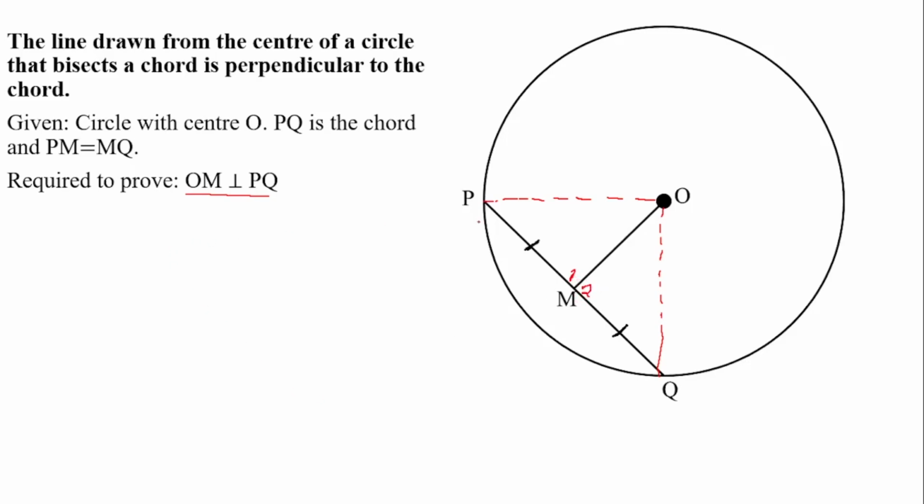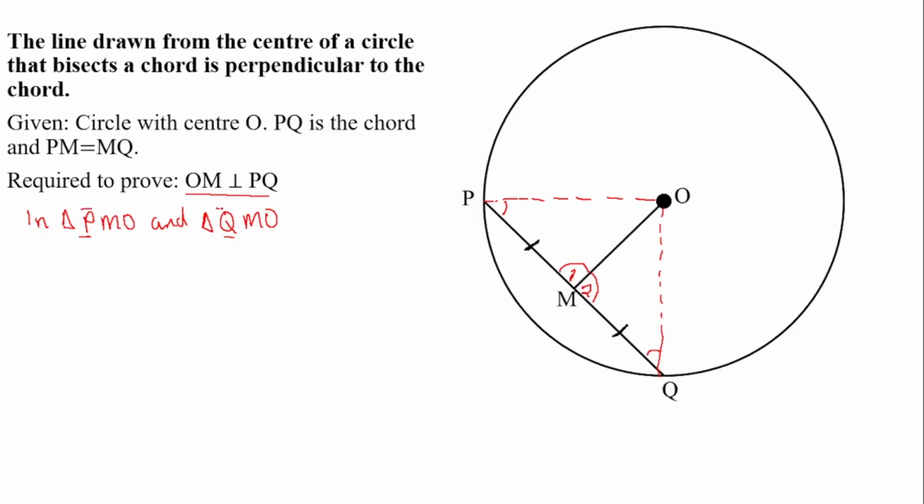Okay, right. So we're going to use congruency. So let's say in triangle PMO and triangle QMO. You see that I'm trying to also align the angles. Angle P going with angle Q, and then angle M1 going with angle M2, right?